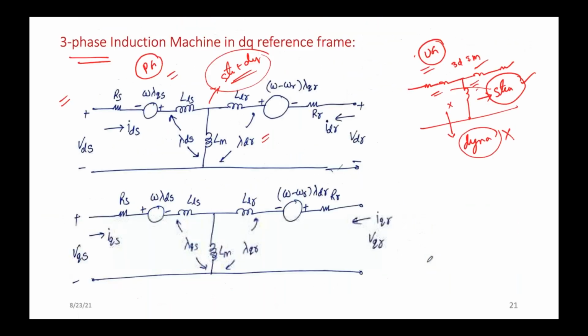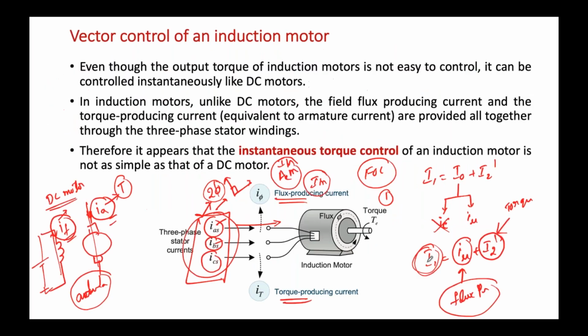The transformation mathematical expression itself will separate the two-phase currents with 90 degree electrical space displacement. One is called the d-axis current, another one is the q-axis current.